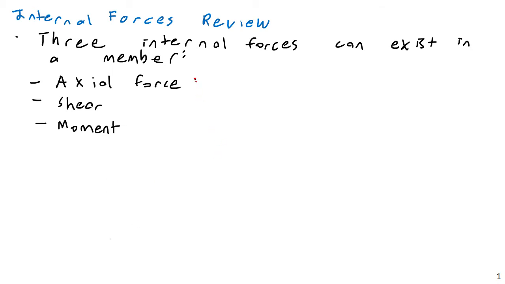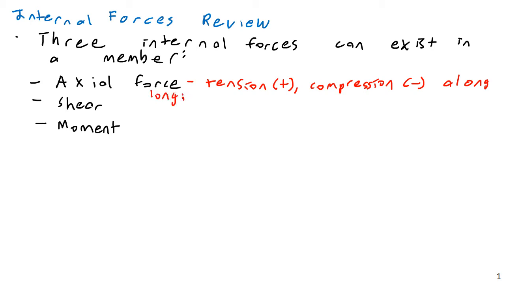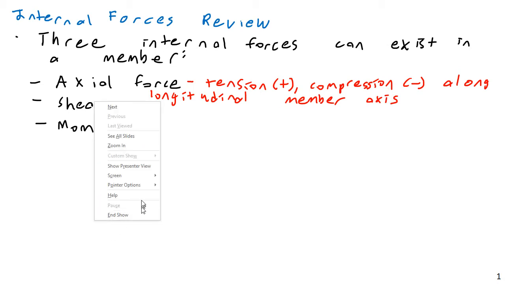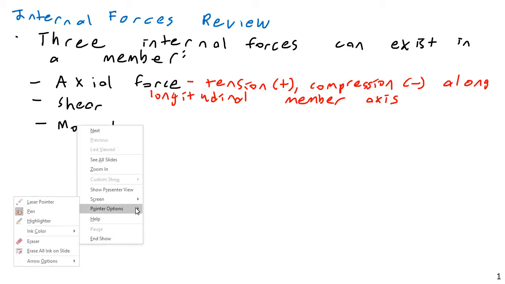Axial force is going to be your tension and compression longitudinally. Tension is going to be positive and compression negative along the longitudinal member axis. I think I'll draw these down below, and I apologize in advance for my terrible handwriting. So for example, let's look at just a generic member.